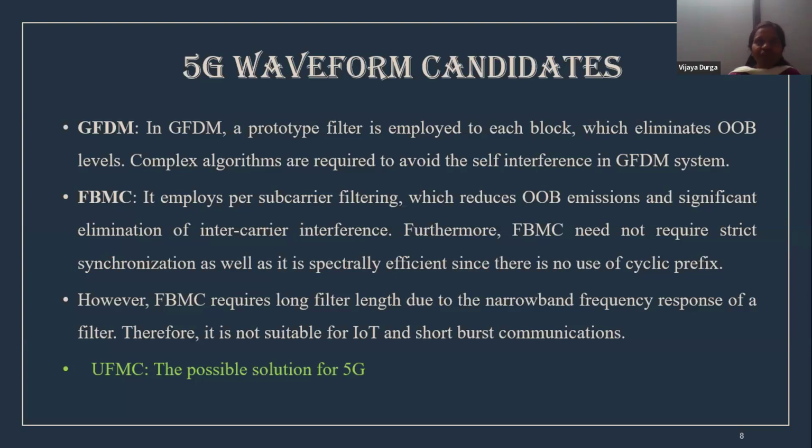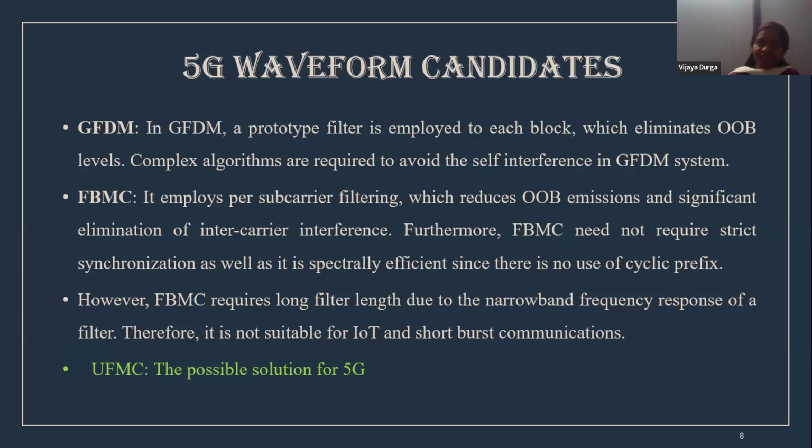So when you come to 5G, if you want to provide massive machine type communication, you need to connect millions of devices. Providing synchronization for them is very, very difficult. So that's why OFDM may be insufficient for 5G technology. That's why they are changing from OFDM to filtered OFDM to eliminate this out of band radiation.